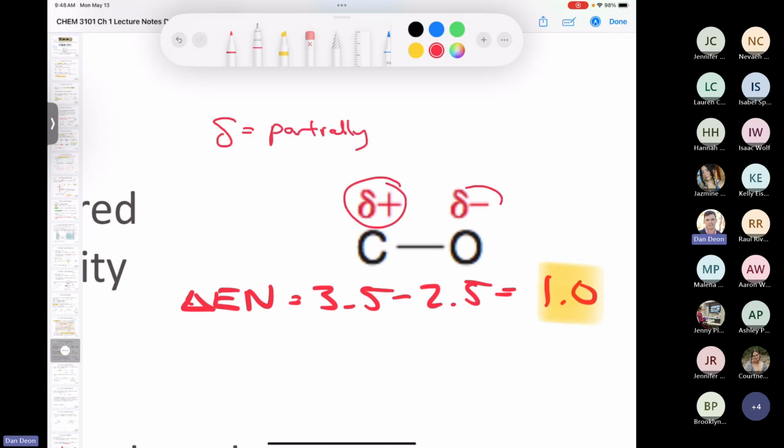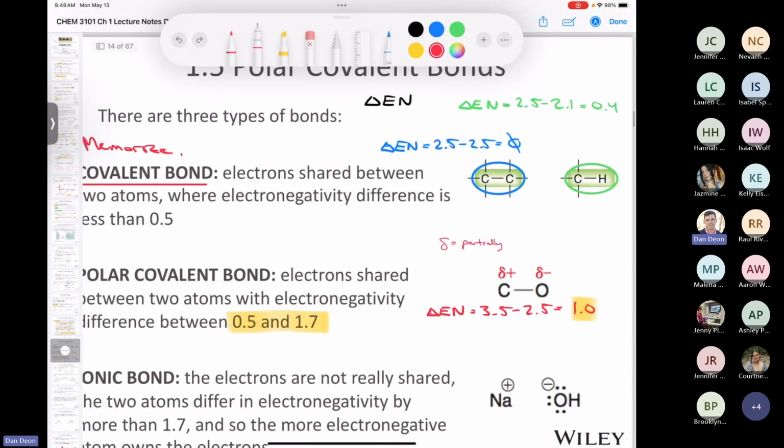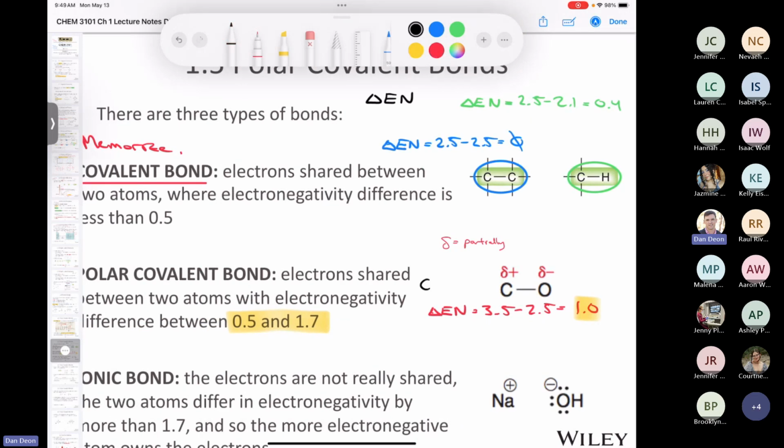Okay, this is not a cation, this is not an anion, but the carbon is partially positive and the oxygen is partially negative. Now, sometimes students will say, hey, Mr. Dion, I remember in my general chemistry class, sometimes we would do this. We would say carbon and oxygen, and then we would draw a dipole going towards the more electronegative element. There's nothing wrong with that. That's perfectly fine. It's just another way of representing the exact same thing.